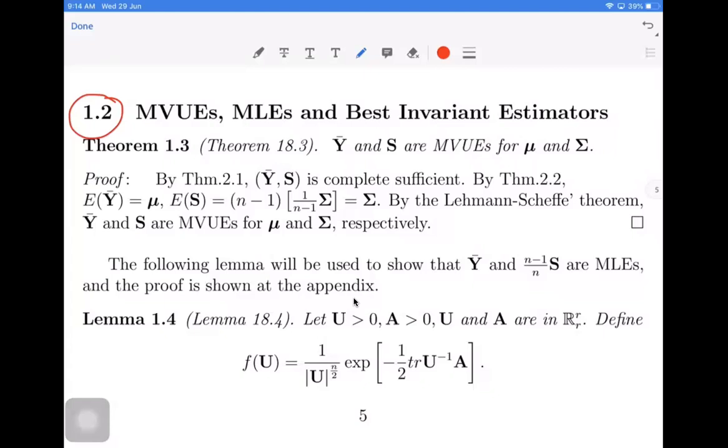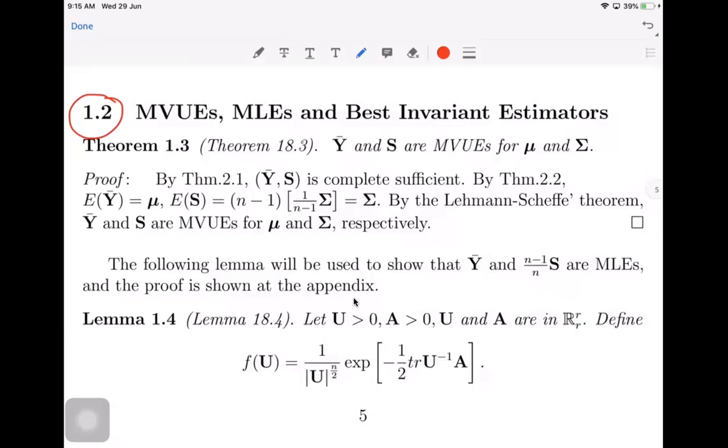We'll have theorem 18.3 in the book of Arnold. So in here, equivalently, if you recall in your chapter 5, I think, or chapter 6, there is UMVUE and MLE and invariant estimators for the univariate case. So let me just scan the chapter that talks about MVUE and MLE.